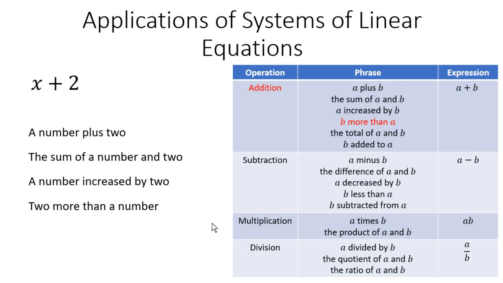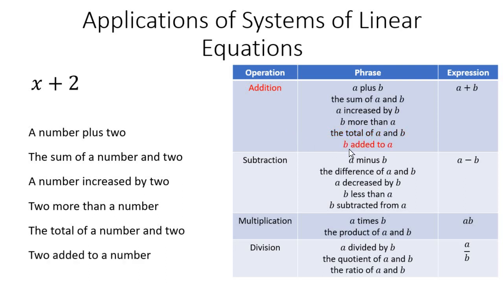And then the next one, the total of a number and 2, would also be translated as x plus 2. And lastly, 2 added to a number would also be written as x plus 2. So these are different phrases that translate into x plus 2.